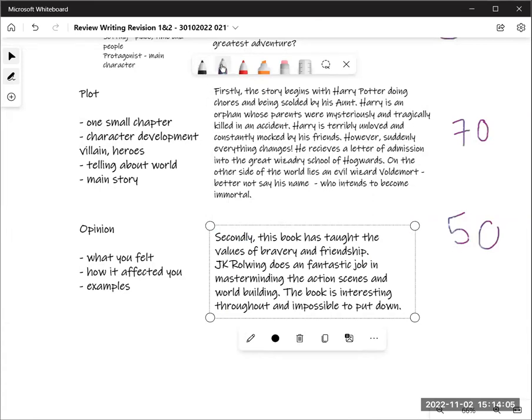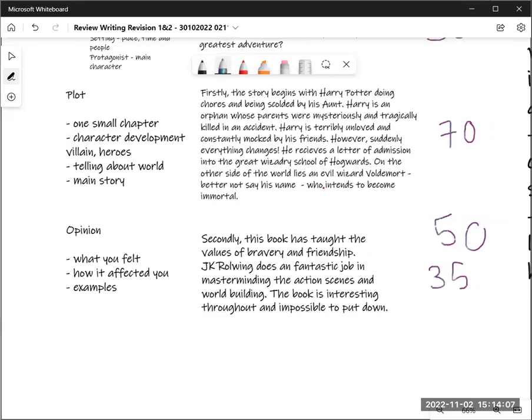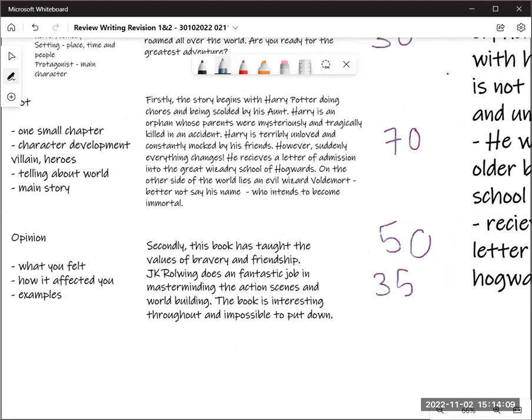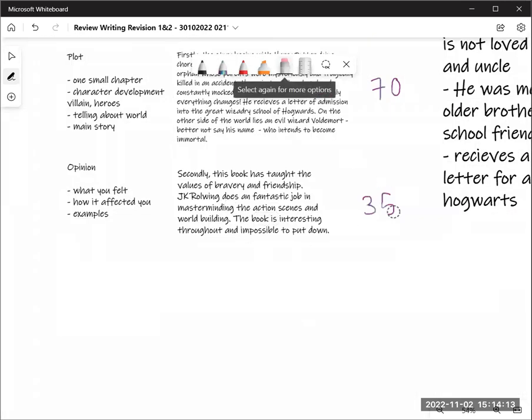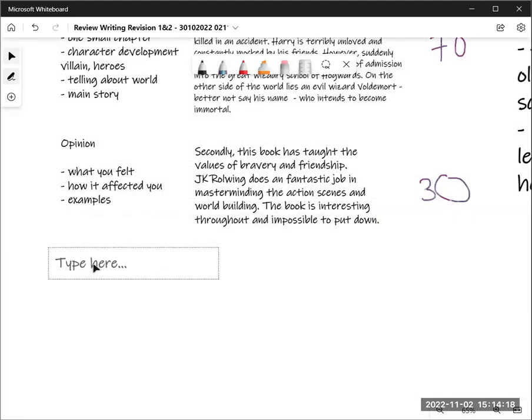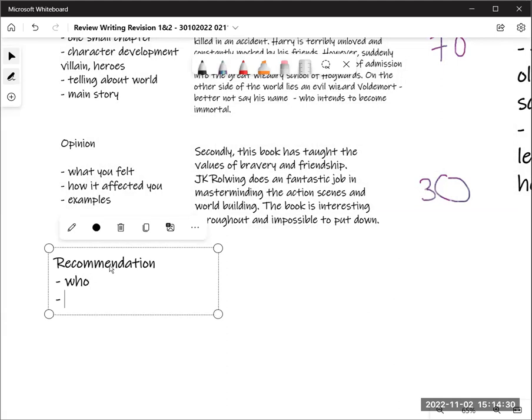That's 35 words right here. 30 words. Now at the end, we write one more thing. We'll write the recommendation. Who you're recommending, who and why.